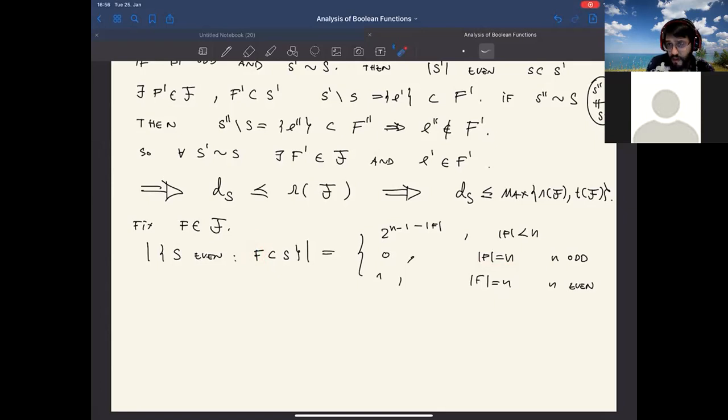And if F is of size n, so it's everything, and n is odd, then there is no even set that contains it.